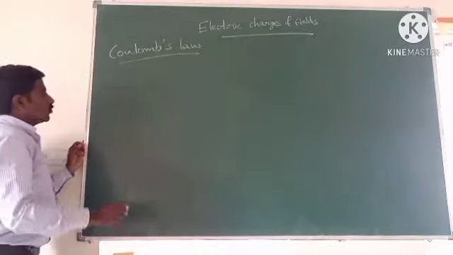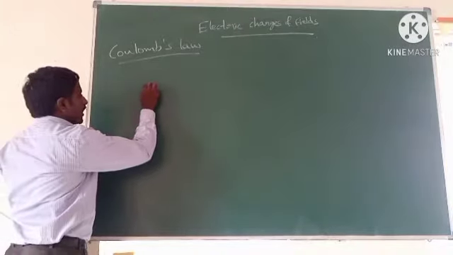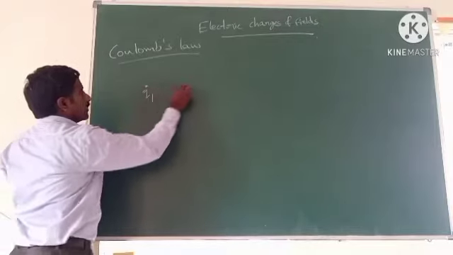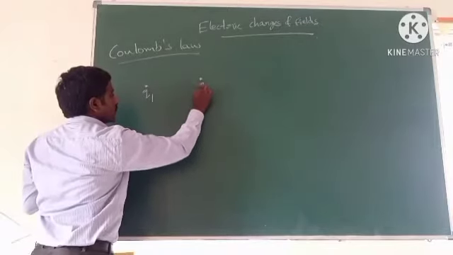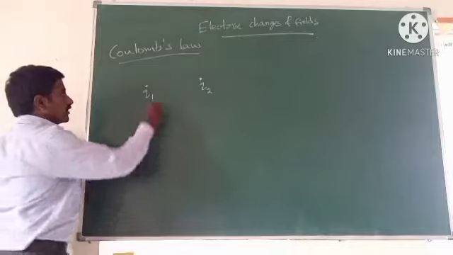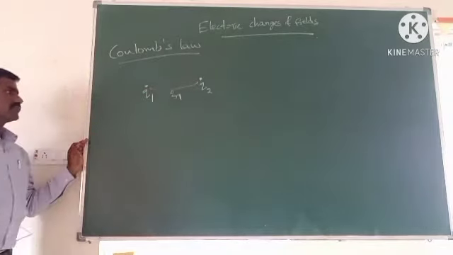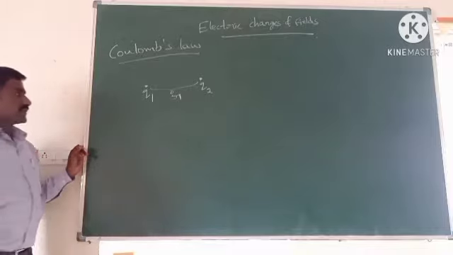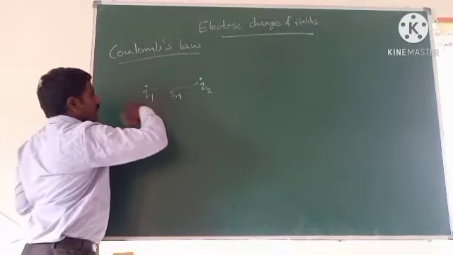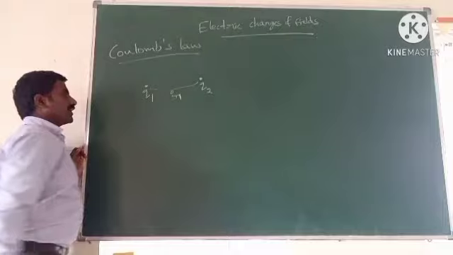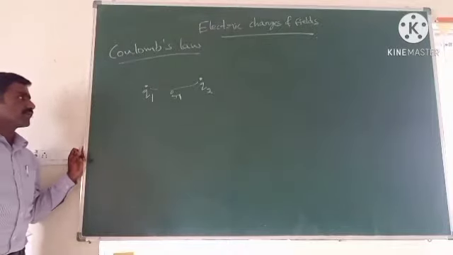So we are assuming two point charges, Q1 and Q2, separated by some distance r. Let us consider the medium between these two point charges is air or free space.